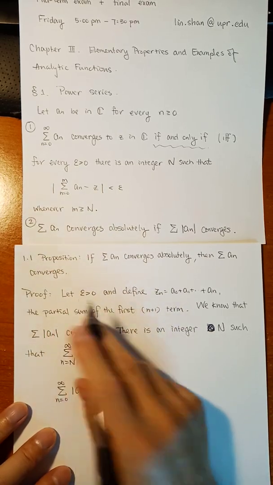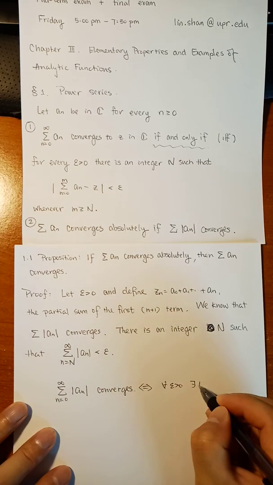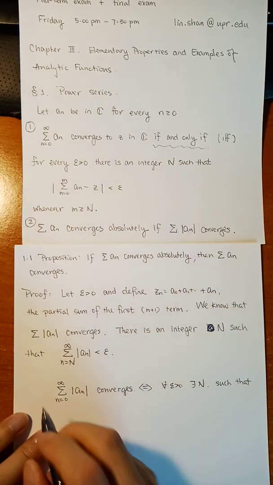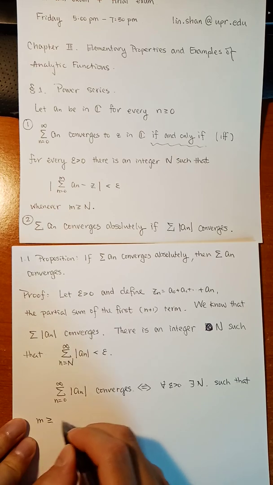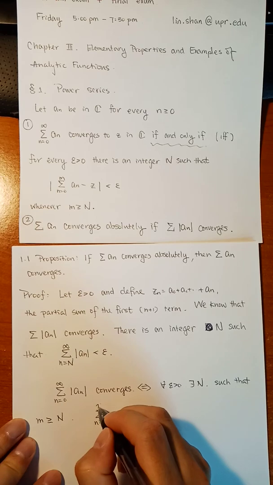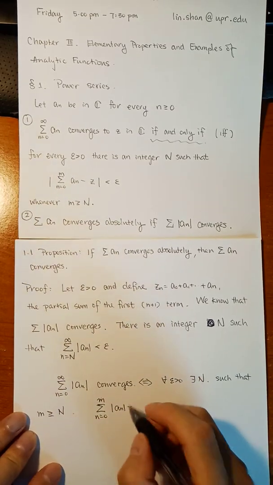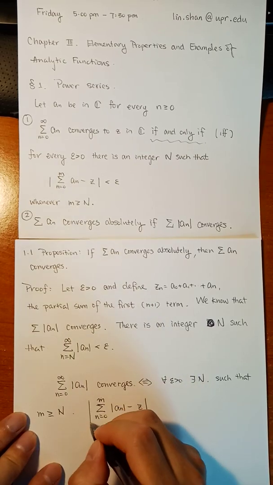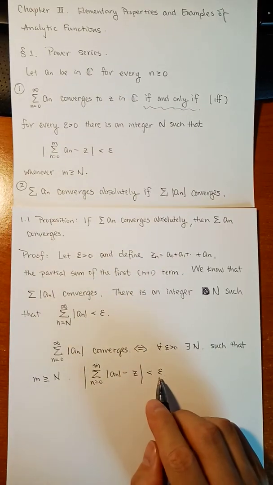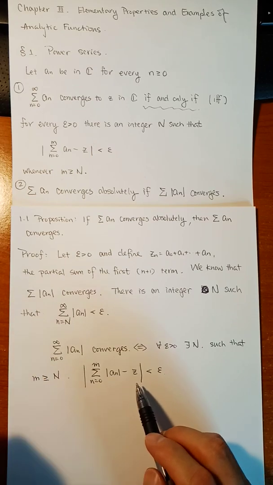Then for the same epsilon, there exists a capital N such that whenever m is greater than or equal to capital N, the finite sum minus the number z is going to be less than epsilon. So that's the definition of convergence. In other words, the tail will be short.